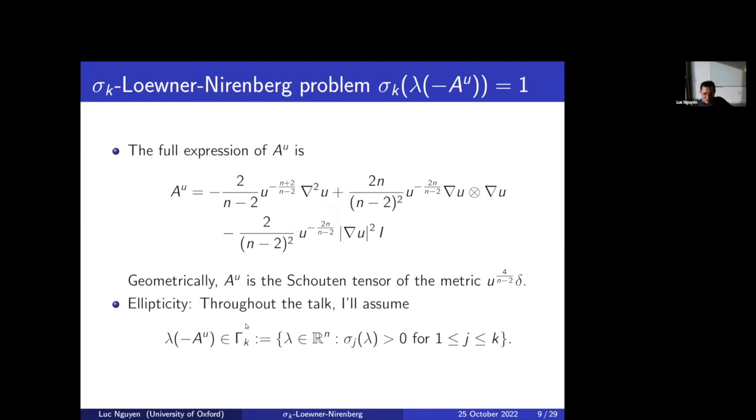Throughout the talk, whenever I talk about the sigma k equation, I will assume that the eigenvalues of the conformal Hessian belong to the so-called Gamma k cone, which is defined as the set of lambda in R^n such that the sigma j function is positive for j between 1 and k, including 1 and k.